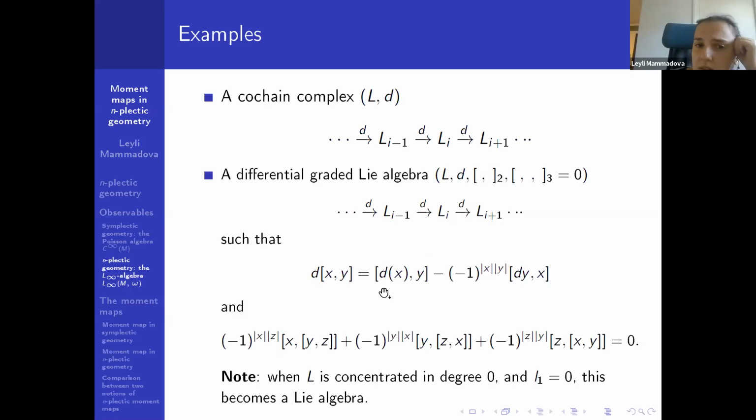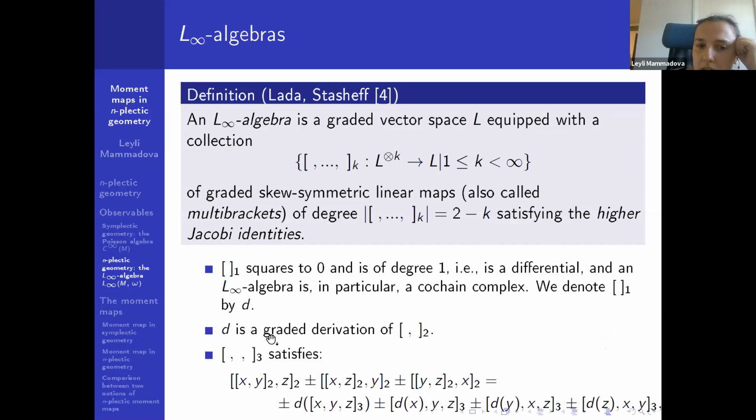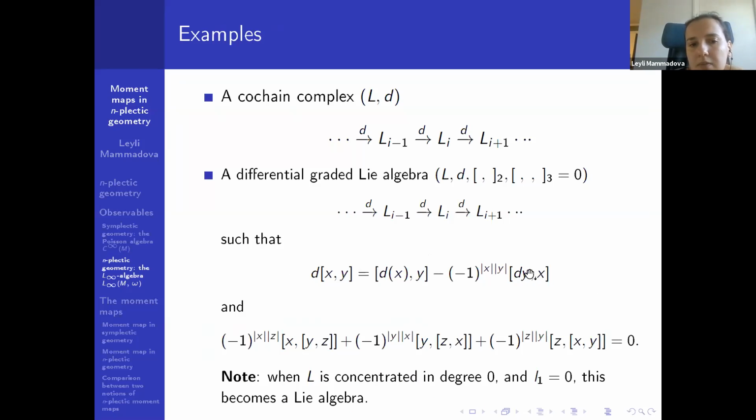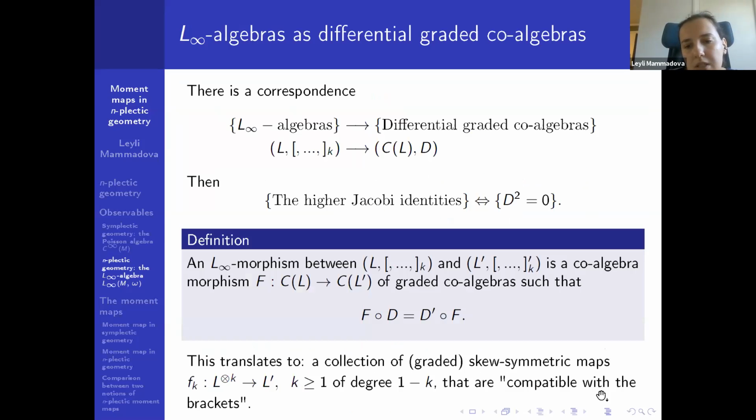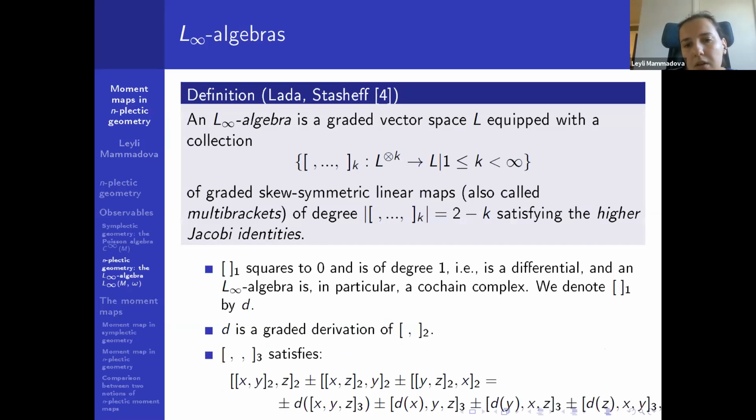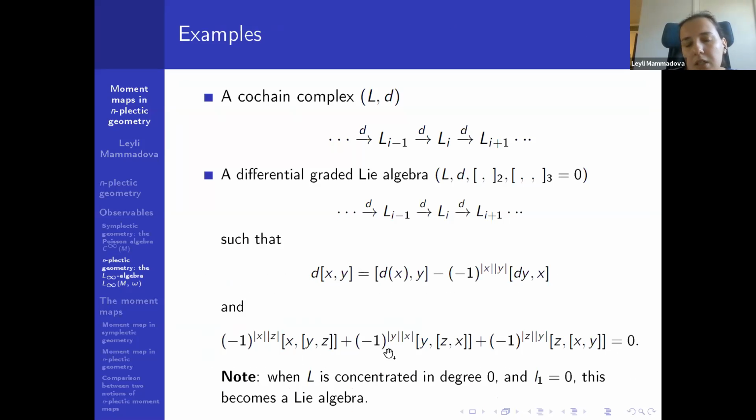Remember, the second of these Jacobi identities told us that D is a graded derivation of the binary bracket, precisely this. And then this being 0 makes all these terms disappear on the right-hand side. Then we have a nice graded Jacobi identity for ourselves, and here is the Leibniz identity. So we have a differential graded Lie algebra.